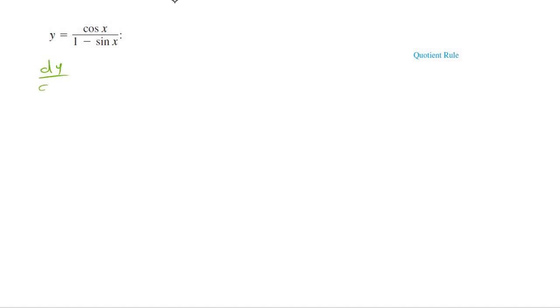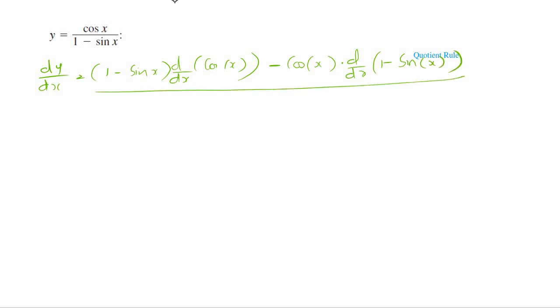We know dy over dx is, we take the denominator first, we multiply 1 minus sin x by the differentiation of cos x, and then subtract cos x multiplied by the differentiation of 1 minus sin x, and we square the 1 minus sin x.